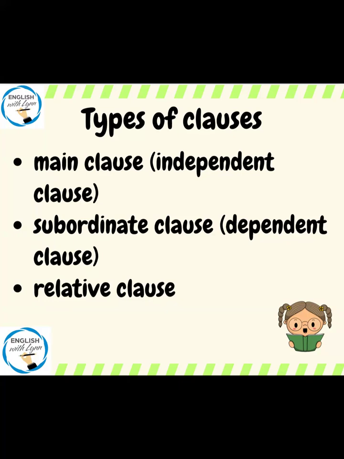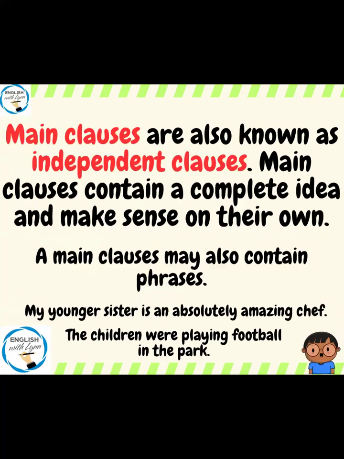So let's begin with a main clause. When we are talking about a main clause or an independent clause, it is one complete idea that makes complete sense on its own. It has a subject, it has a verb, and it might also contain some phrases within that.